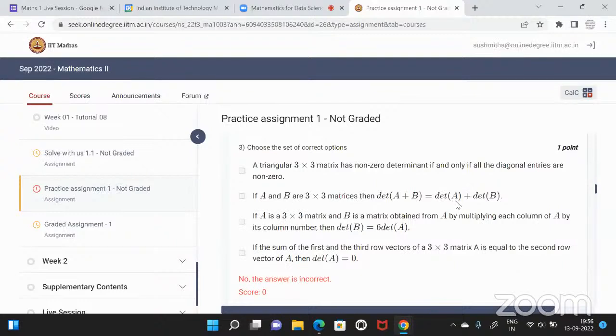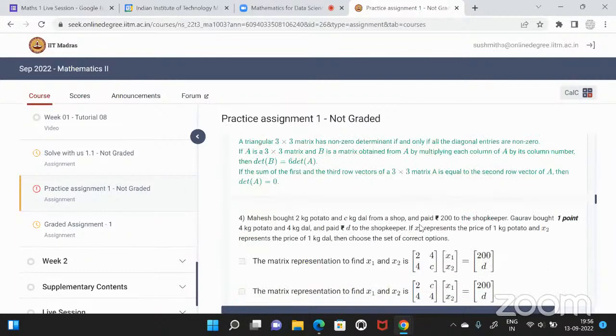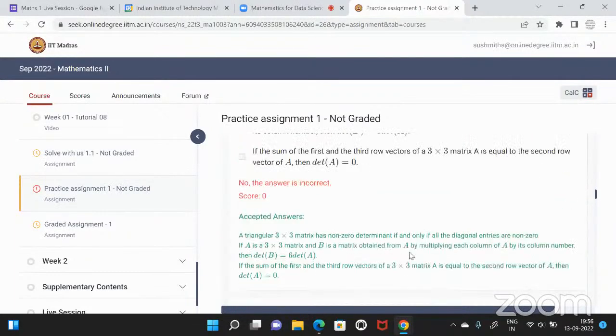Second option is wrong, right? Second option is wrong. I'm checking my answer. Just a minute. This is correct. Okay, this is sorted actually. If there is anyone else.